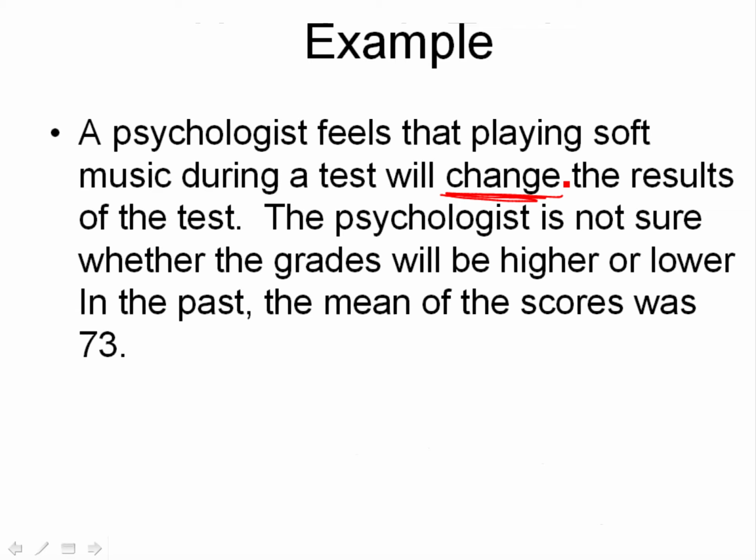Okay. Now again, remember that the null hypothesis says that the numbers are equal. It says that when the psychologist does his research and comes up with his sample and calculates his average, that sample mean and this population mean are equal. And so one of our hypotheses is going to be that the average is equal to 73.